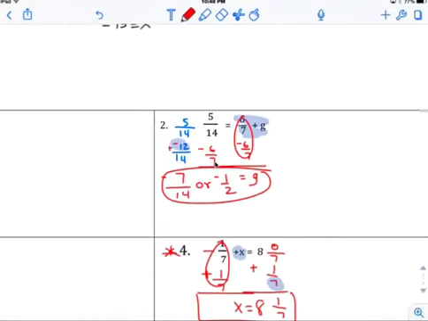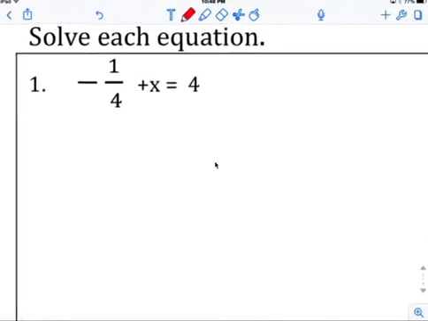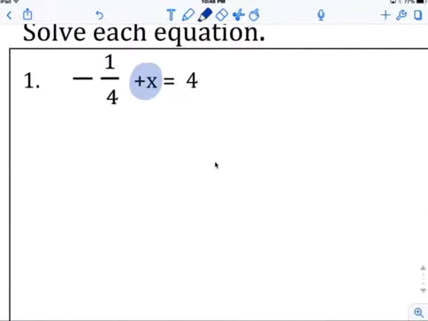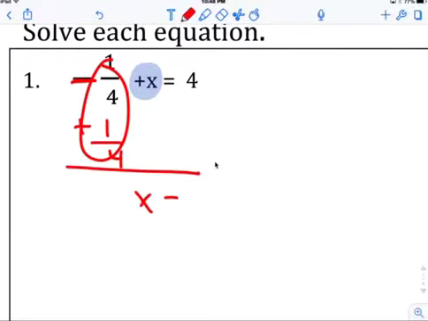Okay? And this one here, you isolate the variable here. That means that's a negative 1, so you add 1 over 4. Okay, that gets you 0. 0 plus x is x. Add 1 over 4. Remember, here there's no fraction. No fraction means a numerator 0, because 0 divided by anything, 0 divided by 4 is 0.